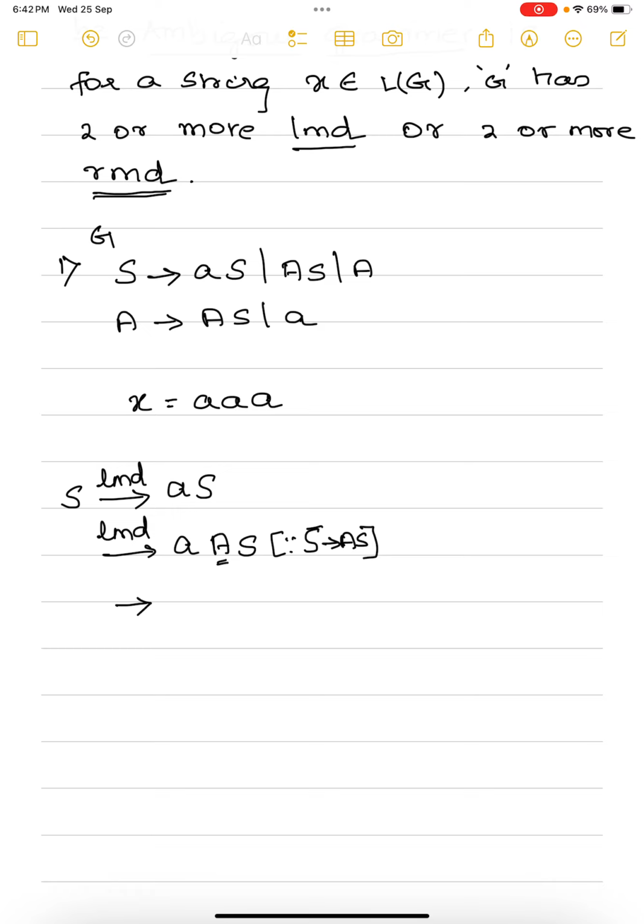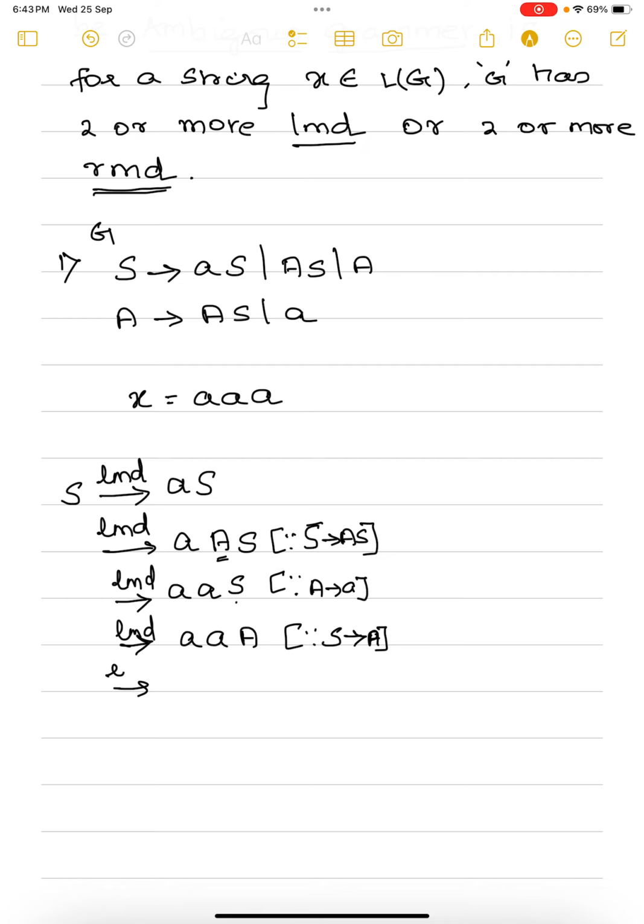Now you have only one non-terminal, S, so S goes to A, and then using leftmost derivation A goes to a, since A goes to a is a production in G. So starting from S, applying the grammar G one or more times using leftmost derivation, we were able to derive aaa.